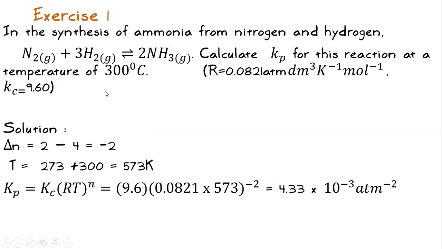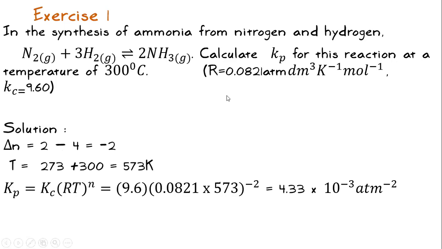We also have our Kc value as 9.60 without a unit. So what we do here is we first find the change in number of moles. That will be products minus reactants, so 2 minus 4. We got negative 2.